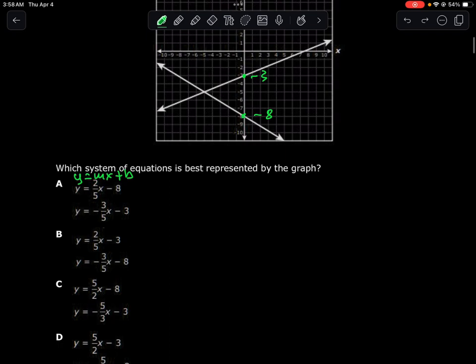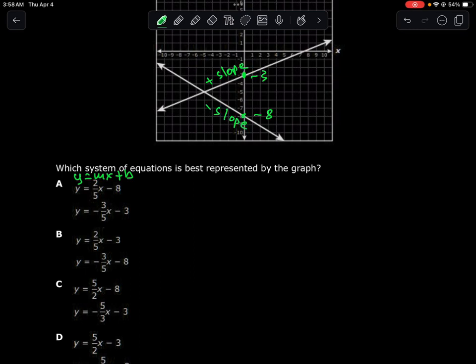So on a first look I can't eliminate. On the other hand, I see that the -3 goes with the increasing line, so this one is going to have a positive slope, and the -8 goes with the decreasing one. This one is going to have a negative slope. So -3, positive slope; -8, negative slope.